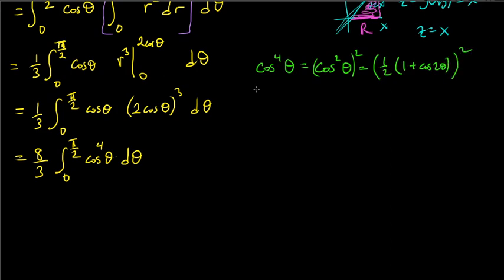But then we have to square it, right? So we're going to get 1/4 times 1 plus cosine of 2 theta squared. And then when we square all that out, we're going to get 1 plus 2 times cosine of 2 theta plus cosine squared of 2 theta.